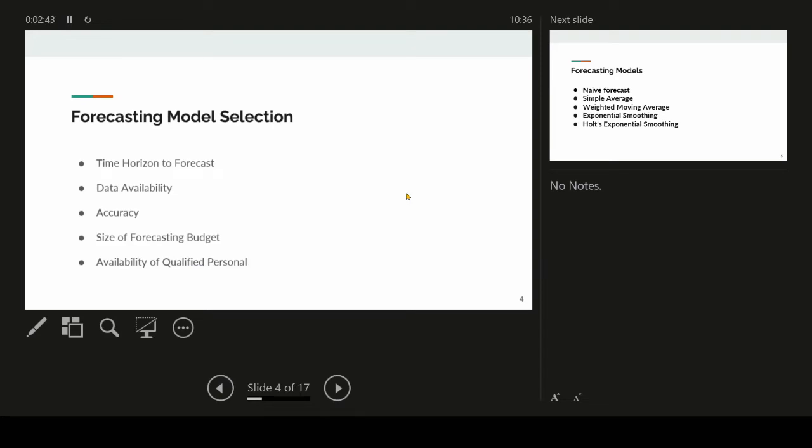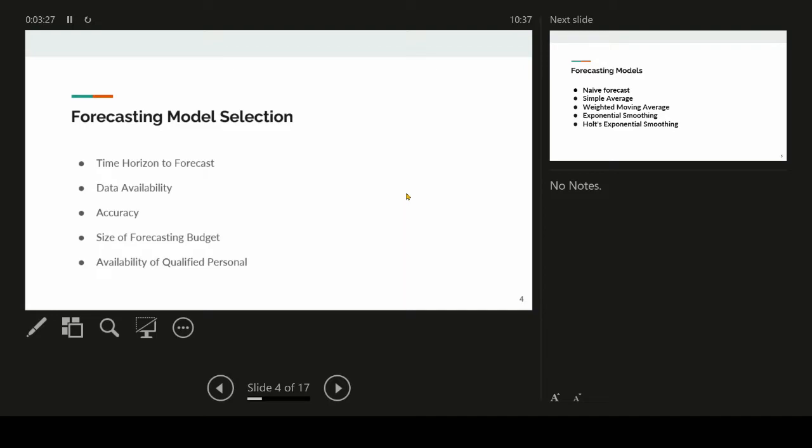Then how is the forecasting model selected? The first point is the time horizon to forecast. Considering I have 6 weeks of data, like a 6 week sales report, using that previous report I can predict the 7th week, the 8th week, the 9th week, etc. But as we move on from the 7th week, the accuracy of our prediction will be less, because we are using the previous data to predict data further ahead in the future.